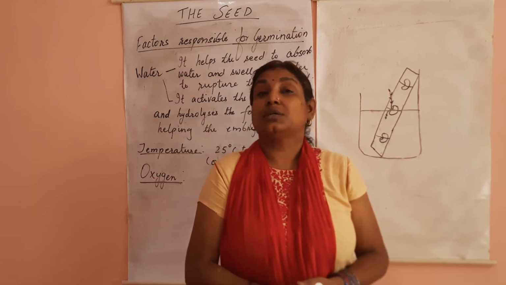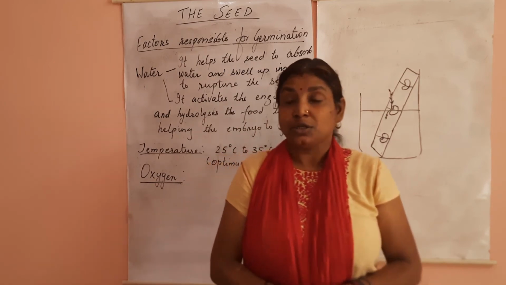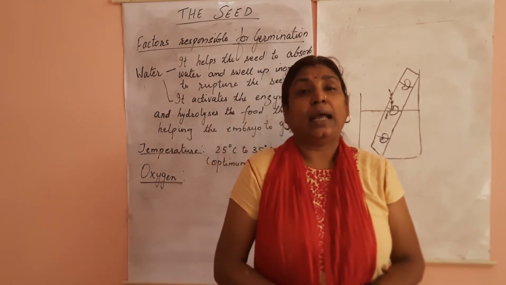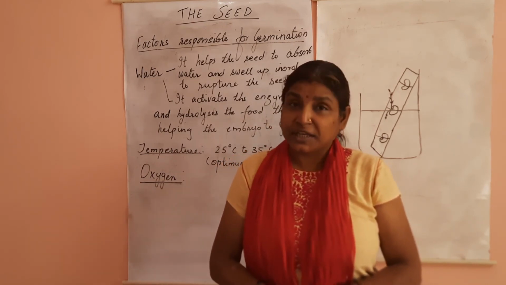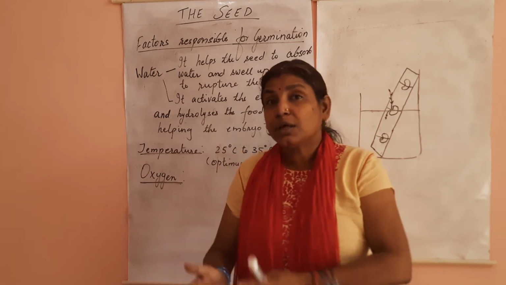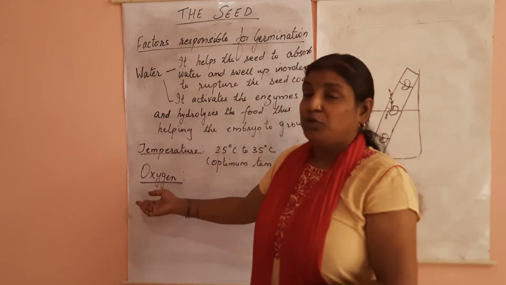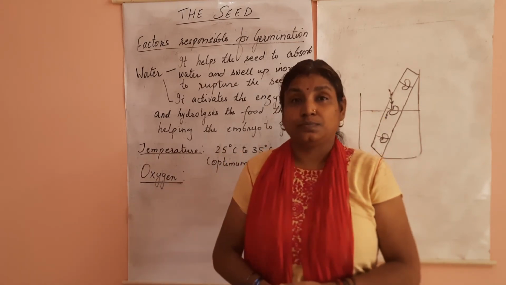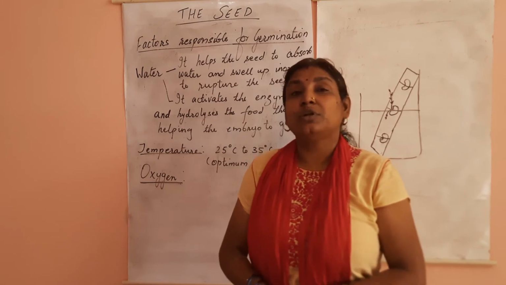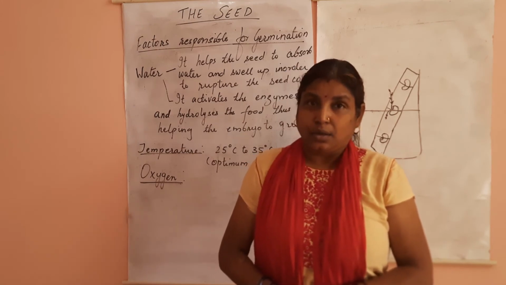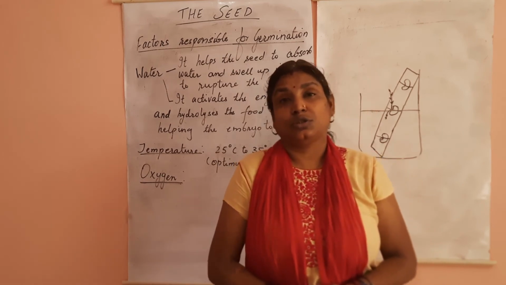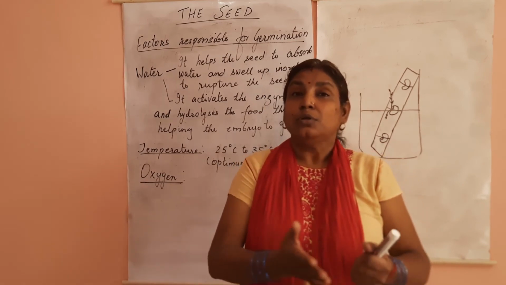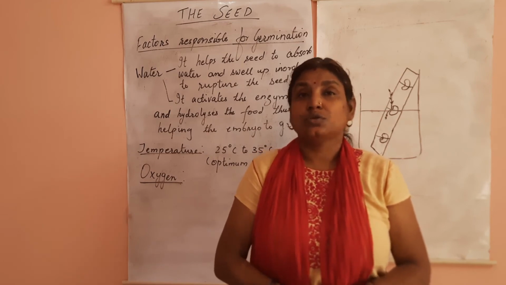And for this cell division to take place, energy is required, and that energy is obtained from the process of respiration. For respiration to take place, we need oxygen. This oxygen is available from air, and in plants it is also available from the photosynthesis process.